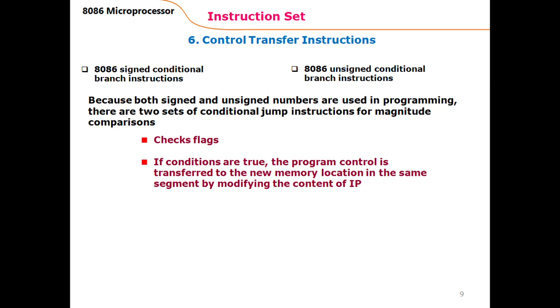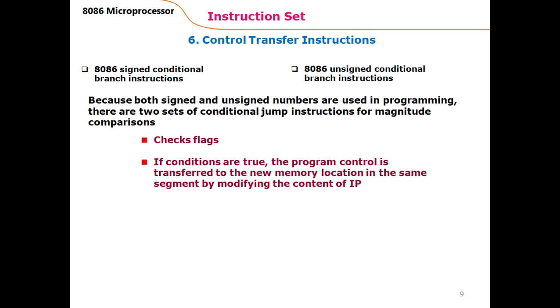Because signed and unsigned numbers are used in programming, they are sometimes compared with each other, and based on the result of their comparison, conditional jump instructions are executed.